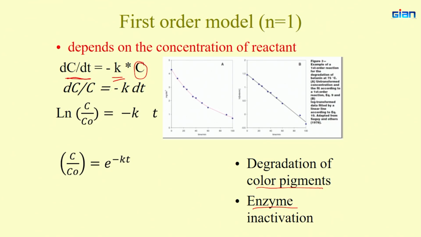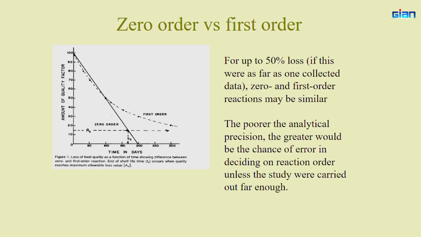The same is true with the color pigments. Then you can keep going: second order, third order, nth order and so on. But normally in food process operations, you are going to have zero or first order reactions.